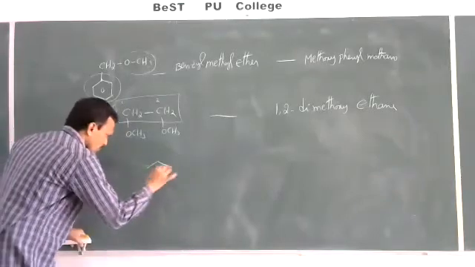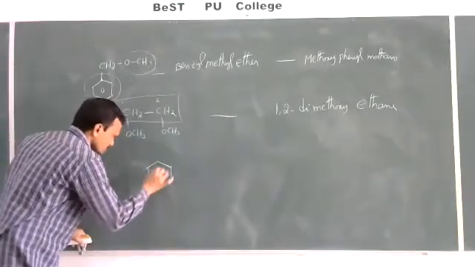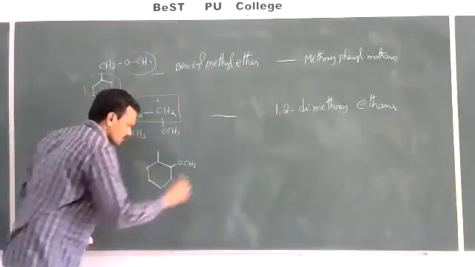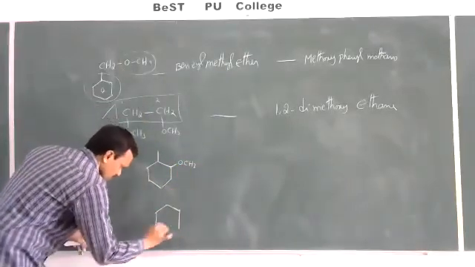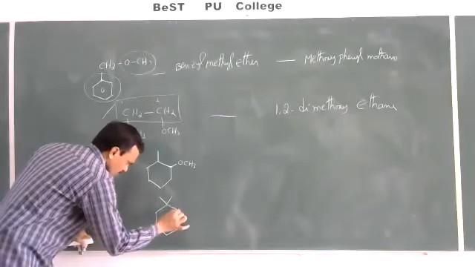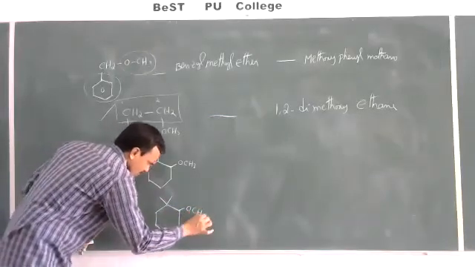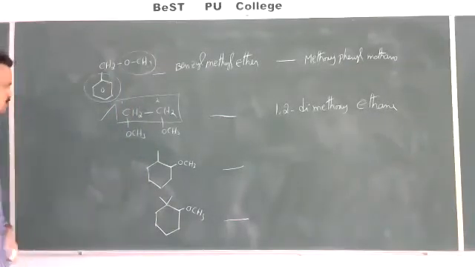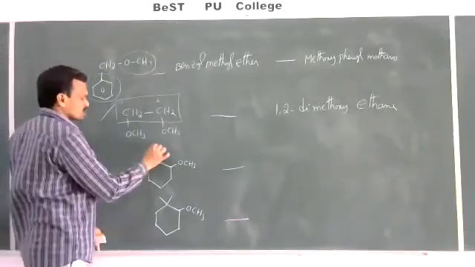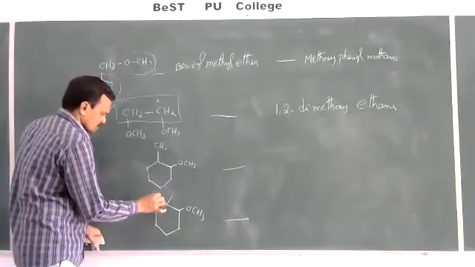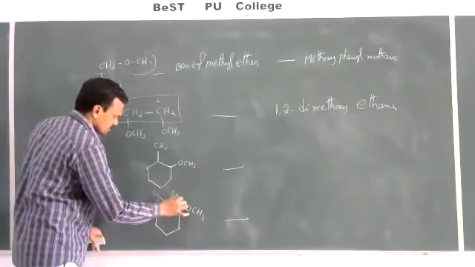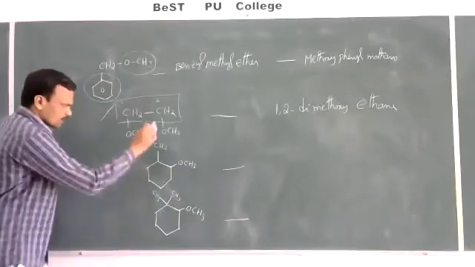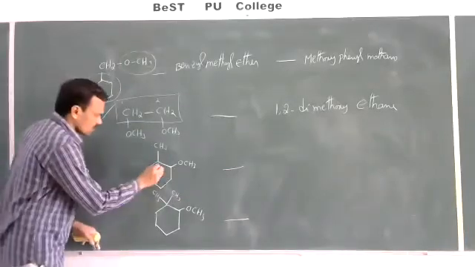Now let us take one more example, the last one. Like this, one more compound is there. There are no common names for this, just IUPAC names only. So what is the IUPAC name? This is nothing but a methyl CH3 group is there. This is CH3, this is CH3. So what is the IUPAC name of this compound? Here 1, here 2.